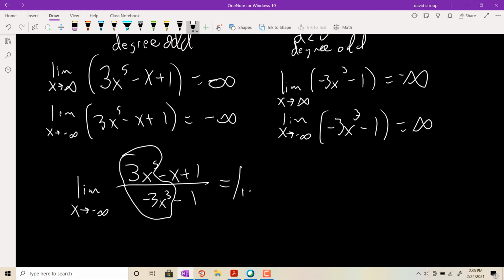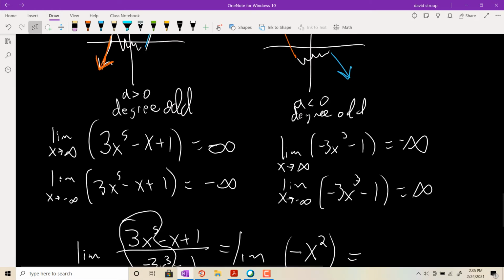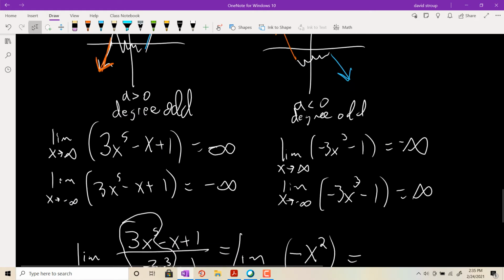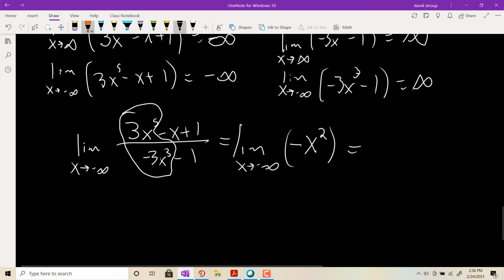So you end up with the limit as x goes to negative infinity of negative x squared, right? And then where does that go as x goes to negative infinity? Well, it's even degree, negative in front, and as we go towards negative infinity, it's going down towards negative infinity. So the answer there would be negative infinity.